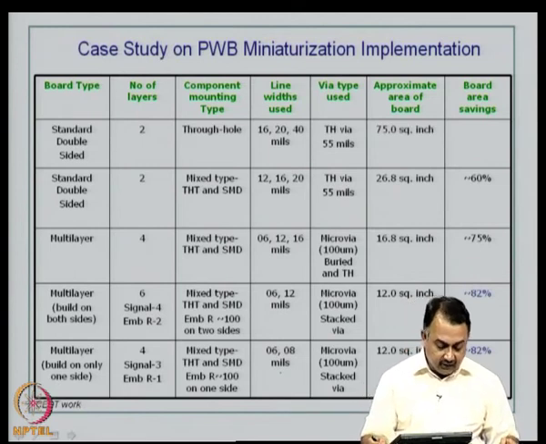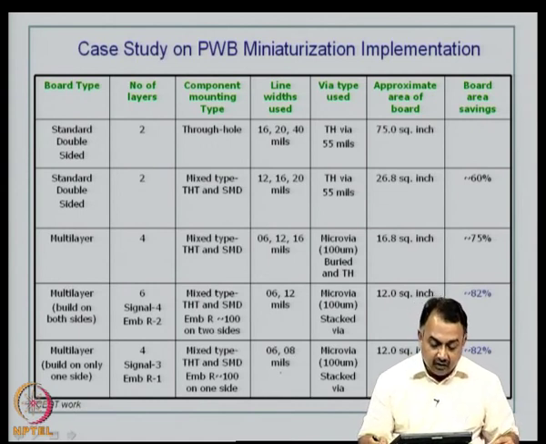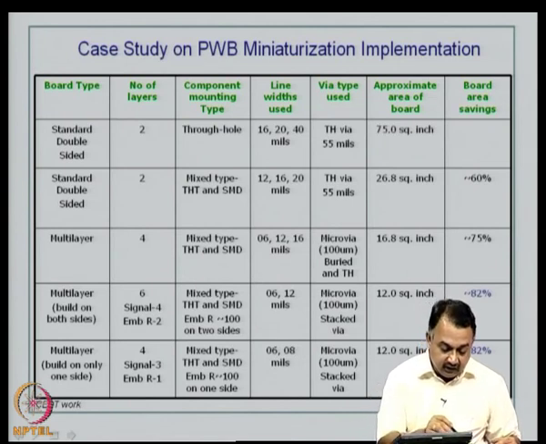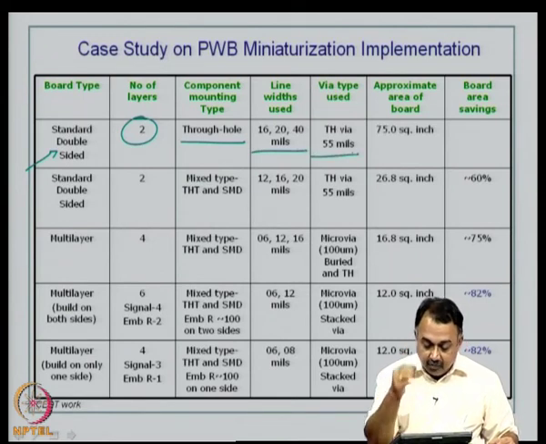So, a case study has been done on a simple demonstration of the effect of using R and C on PWB miniaturization. What we have basically done is taken a standard double sided board, number of layers is 2, through hole technology, line widths are fairly large, okay, through hole via fairly large, the board size you can see 75 square inches.